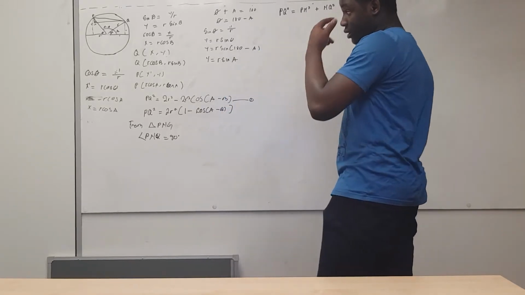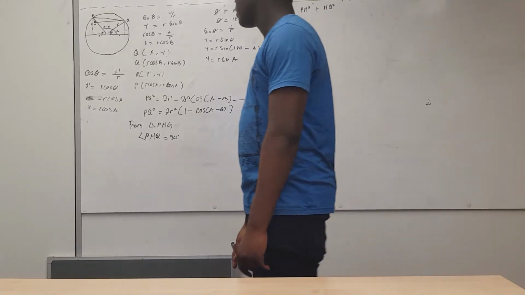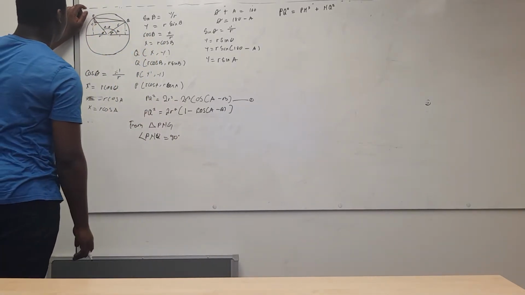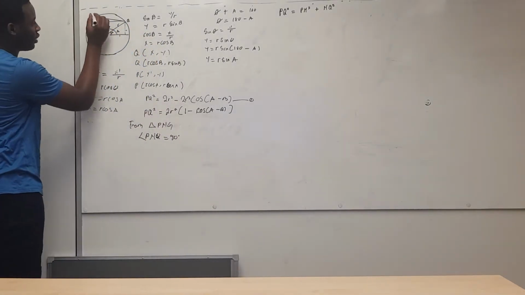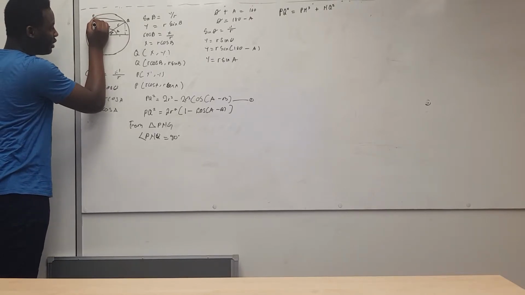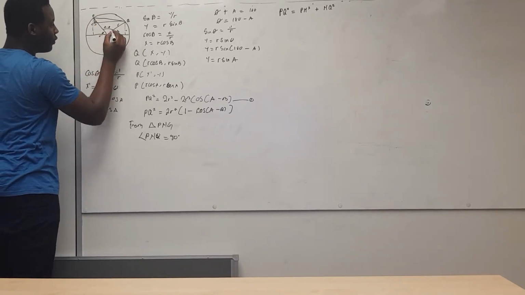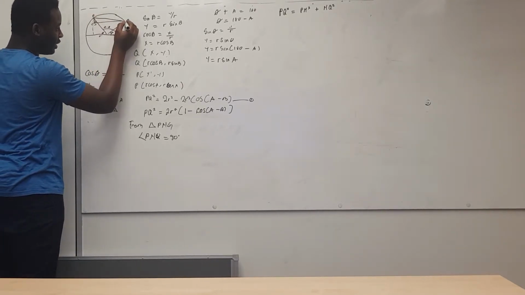What is PN squared then? PN squared is just this little height here. So it's going to be this vertical coordinate minus this vertical coordinate.